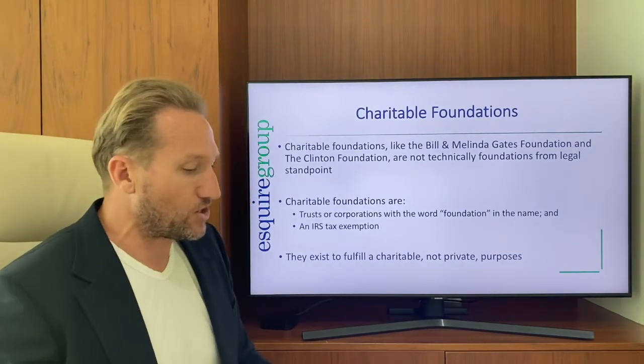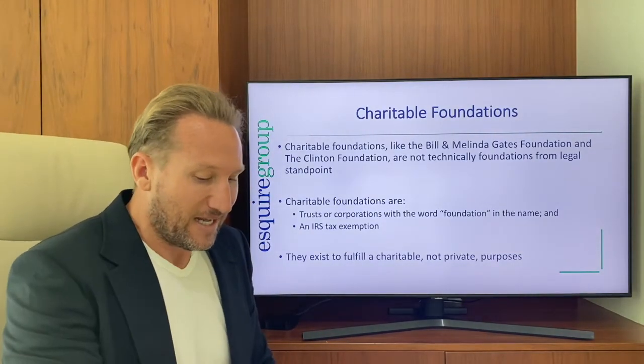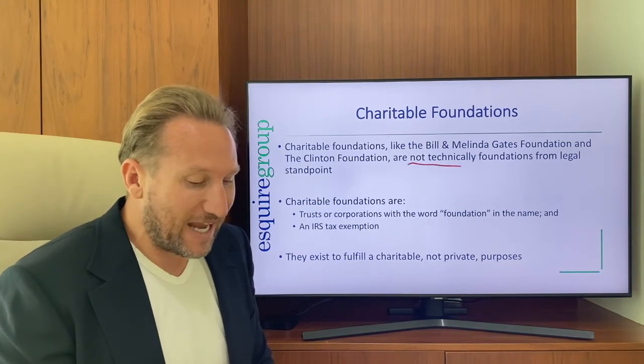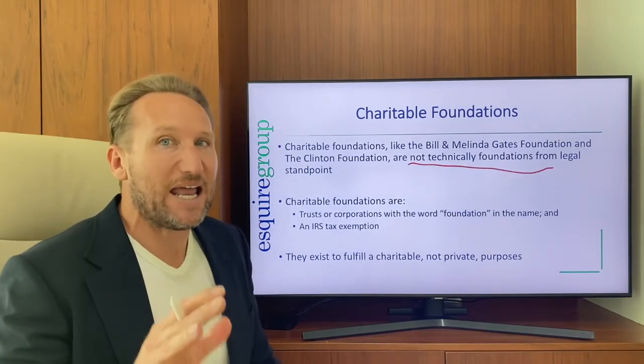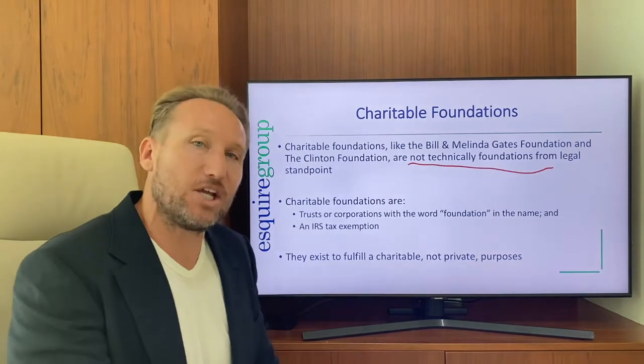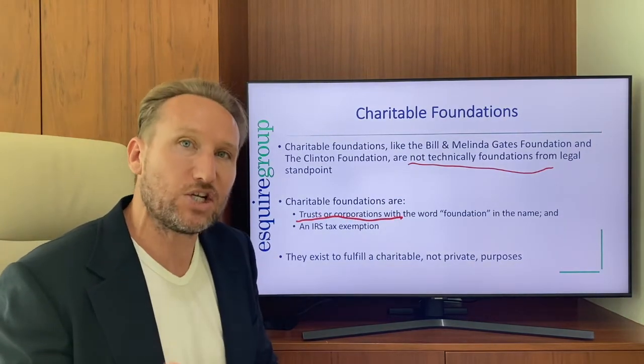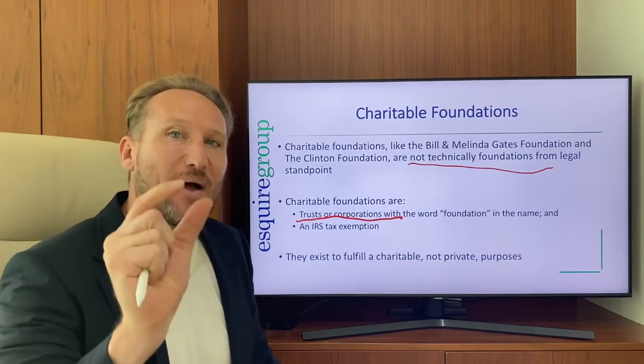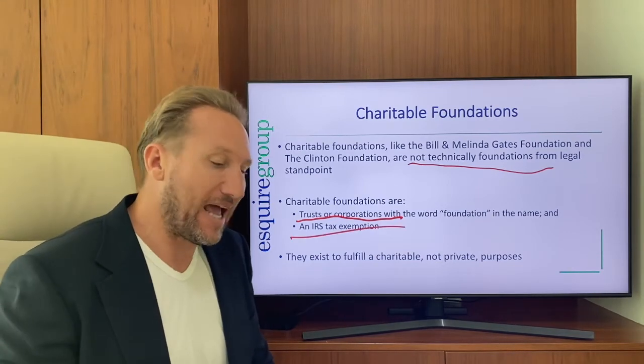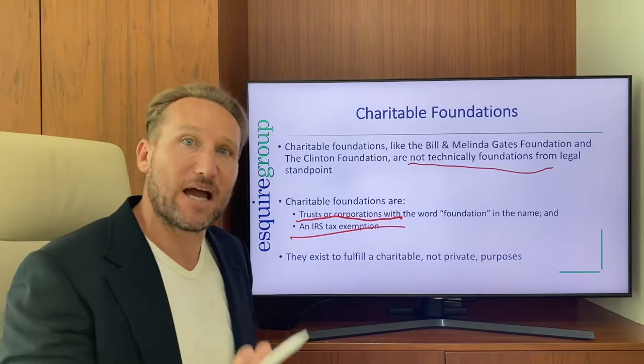One of the things that causes a lot of confusion with charitable foundations, like the Bill and Melinda Gates Foundation and the Clinton Foundation, is they're not technically foundations, right? It's not an entity type foundation. It's actually a trust or a corporation that has the word foundation in its name and has a tax exemption from the IRS.